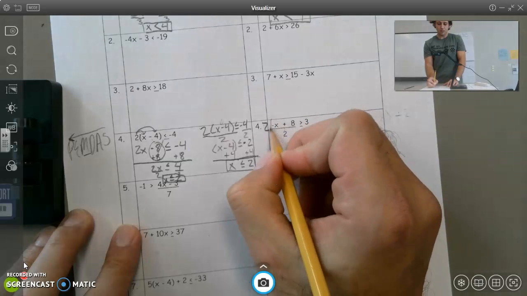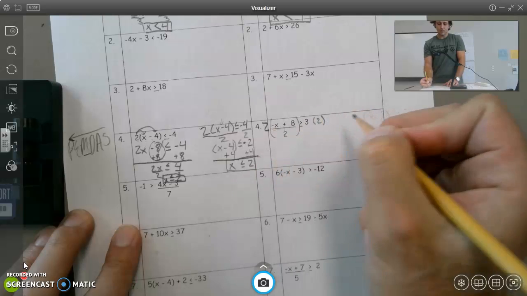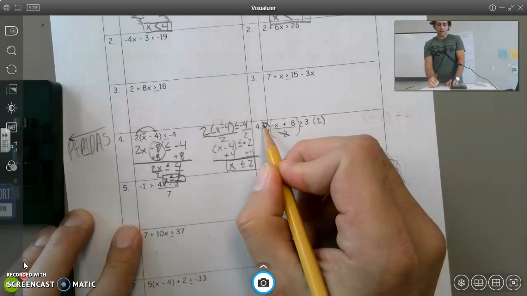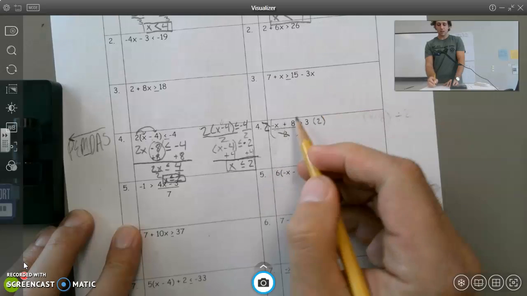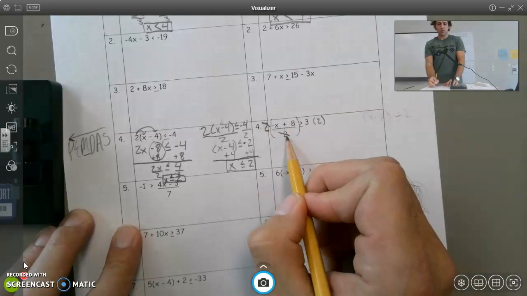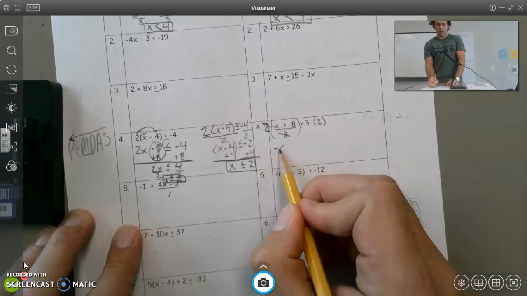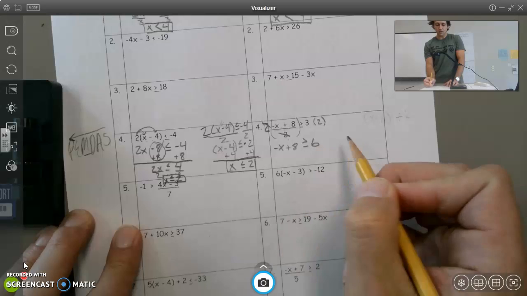So I'm multiplying all of this by 2. I'm going to multiply this side by 2. These cancel. Times 2 divided by 2, those are inverse operations. They cancel out. A 2 in the numerator, 2 in the denominator creates a 1. So all I'm left with is negative x plus 8 greater than or equal to 6.